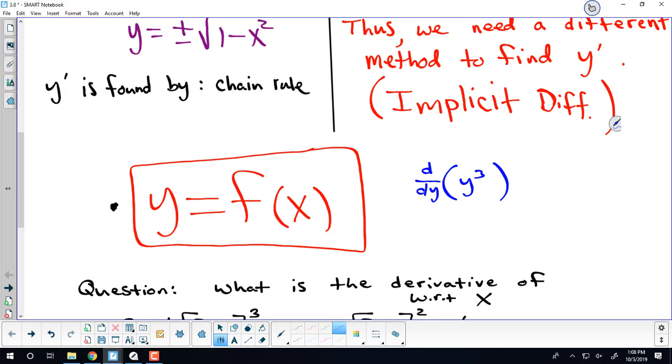It's just 3y squared, the same way we take the derivative with respect to x of x cubed and say that's 3x squared. So it's a subtle difference, but it has a huge impact on how we work these and how we think of these.